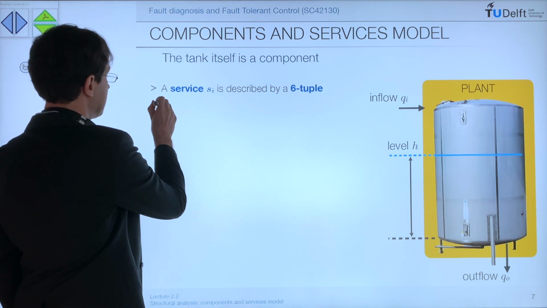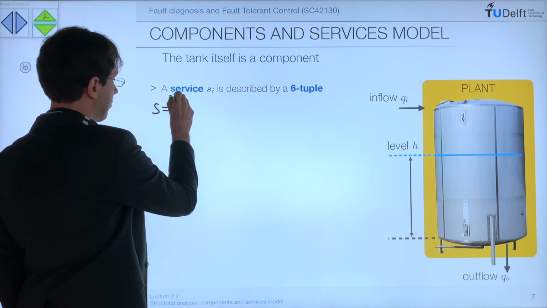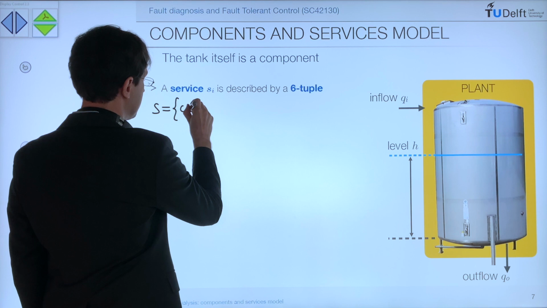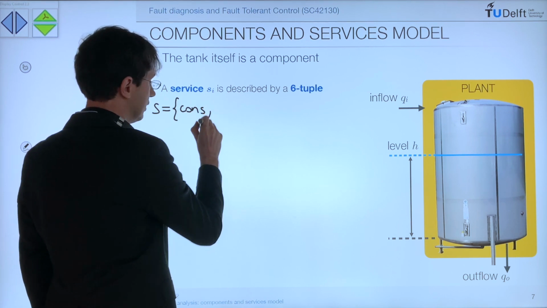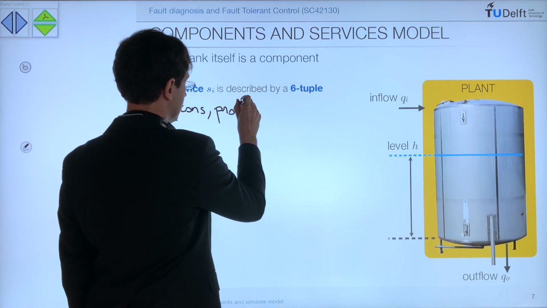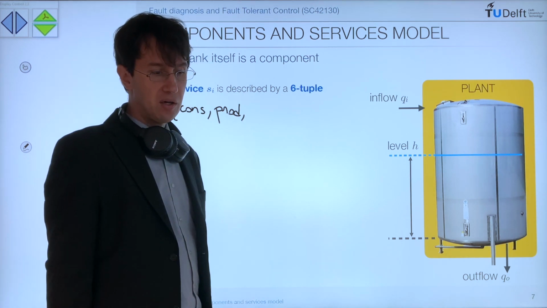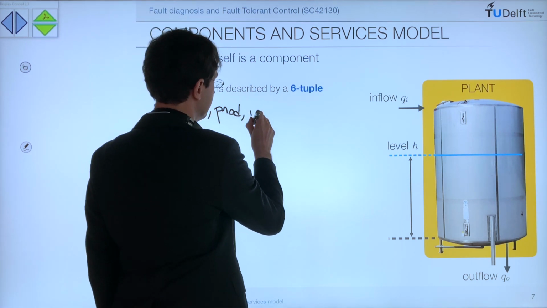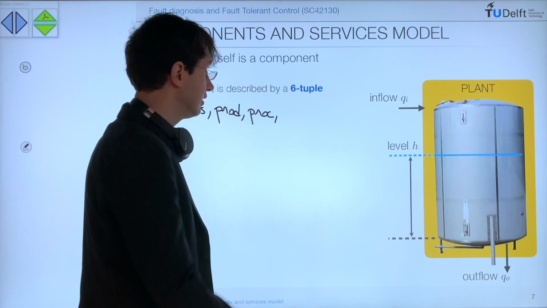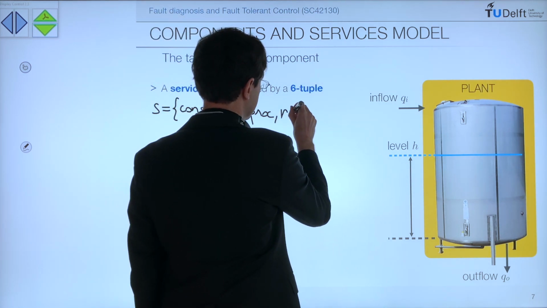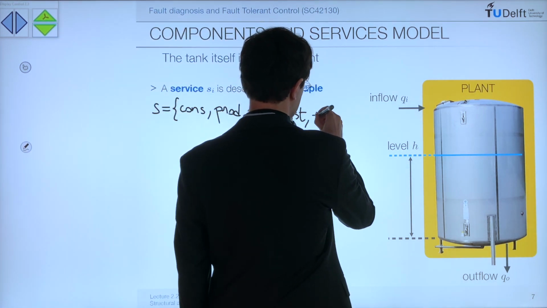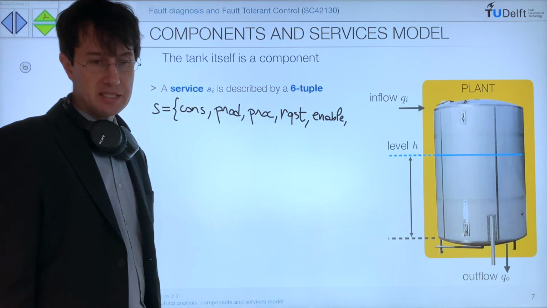So a service S is a tuple including a set of consumed variables, a set of produced variables, a set of processes, let's say physical phenomena happening in the components, then a set of request signals, a set of enable signals, and finally a set of resources.